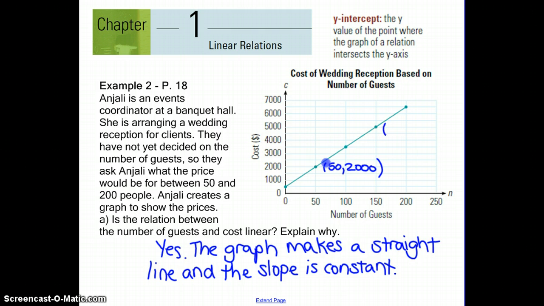Another point is 150 on the x-axis and 5,000 on the y-axis. If this is point number 1 and this is point number 2, we can plug those values into our formula.